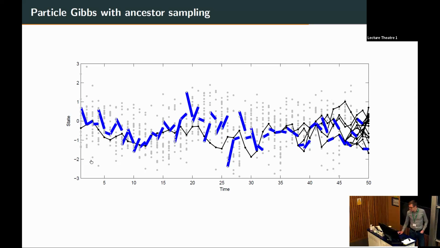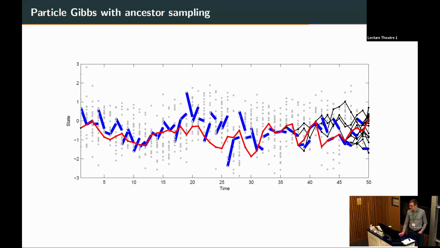Okay, so we get something looking like this. Looking at the particles here, we see that they still have the path degeneracy issue. They are still coalescing at some point. So this modification of the algorithm doesn't solve the degeneracy issue of the particle filter itself.